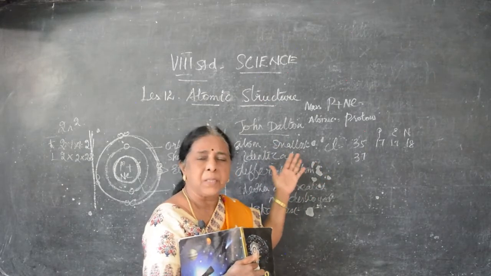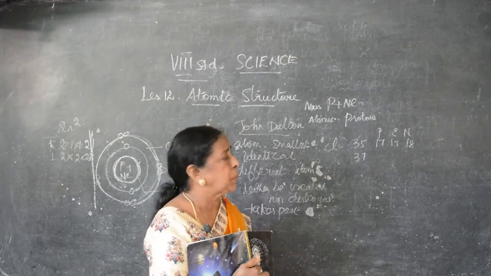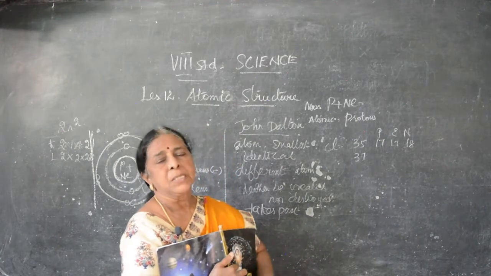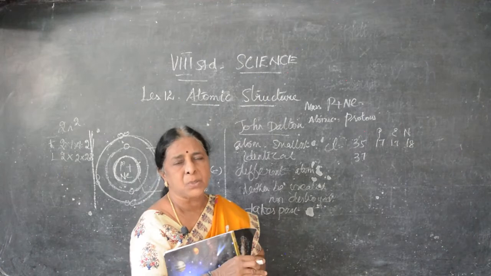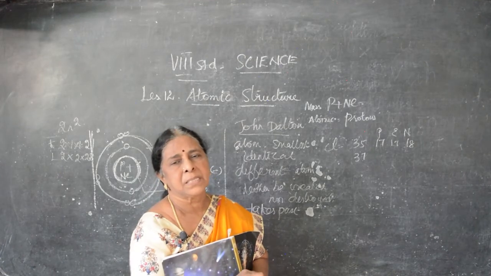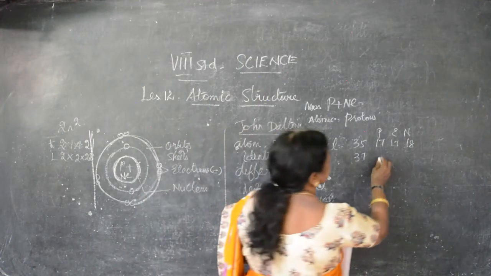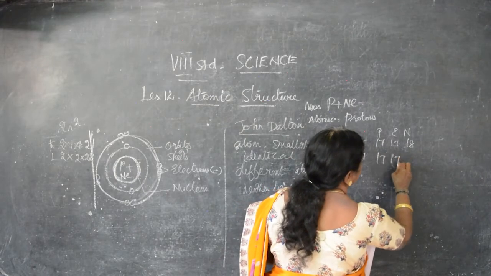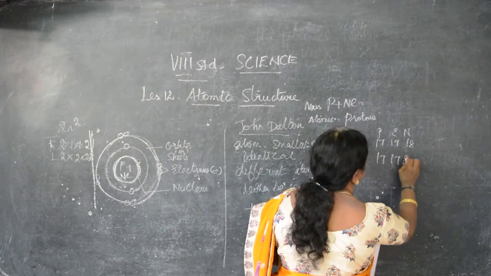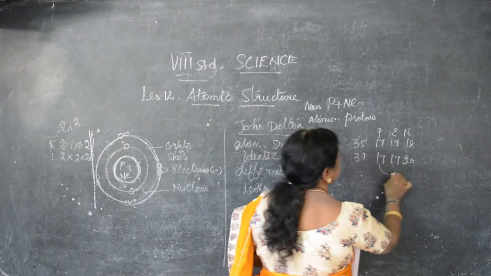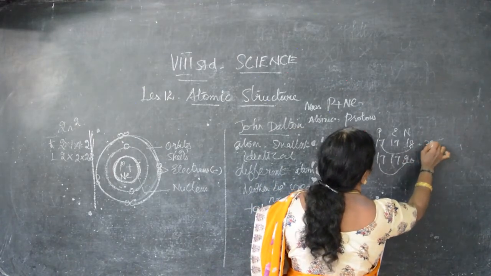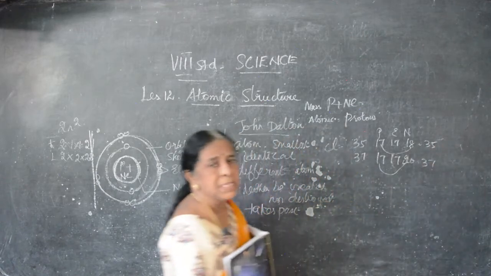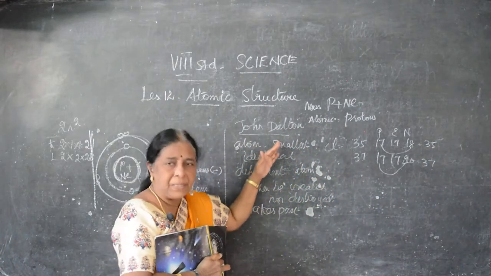One chlorine has mass number 35, the other chlorine atom has 37. How do they differ? Both have the same protons and electrons; they differ in neutrons. In the second case, 17 protons, 17 electrons, no change, but the neutrons are different: 20 plus 17 is 37, and 17 plus 18 is 35. Clear? So it can be subdivided further.